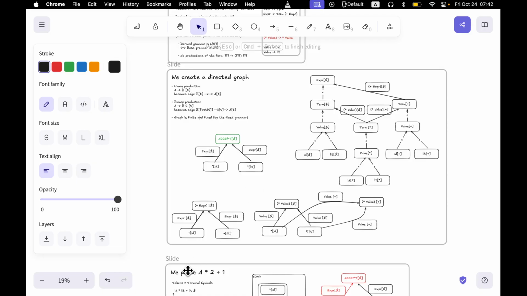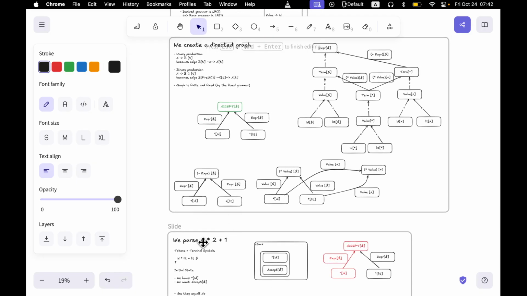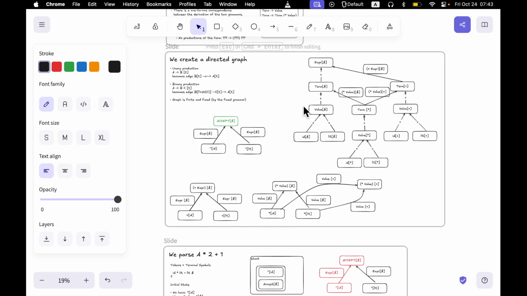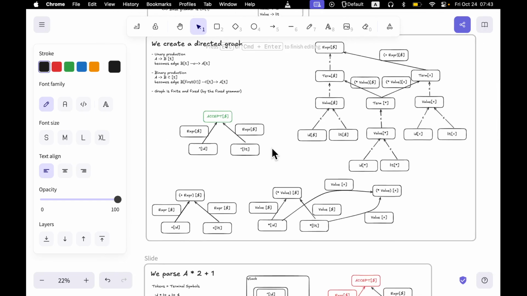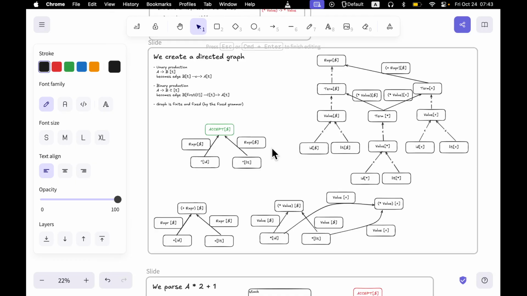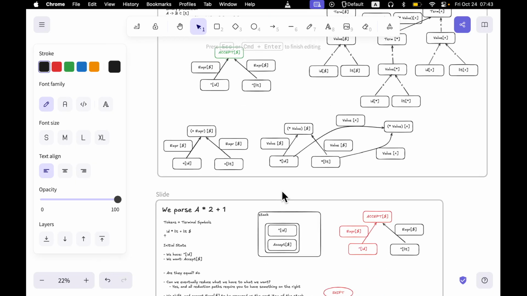In the next slide we will parse an example string, and we will use this graph to help us decide whether we should shift or reduce at every given state. So this will be used later.